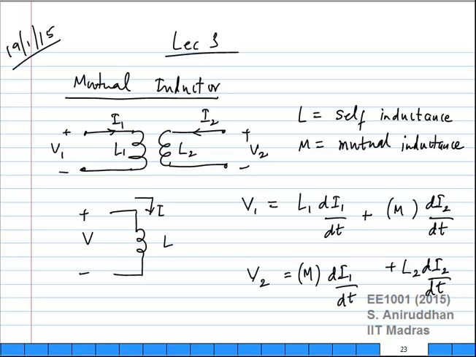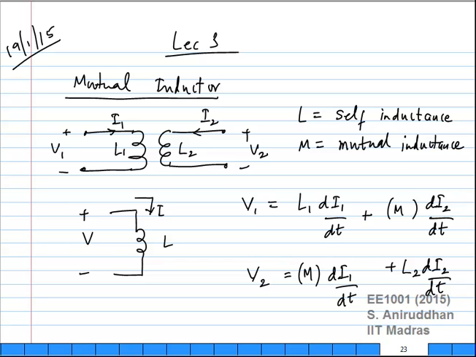Now, as it so happens, if you bring these two inductors spatially close to each other, the flux from one inductor will cut the other inductor, which means the flux will be linked. Then the voltage across one inductor will be related not only to its own current but also to the current through the other inductor.